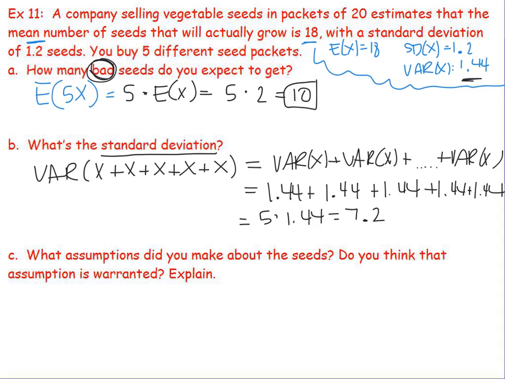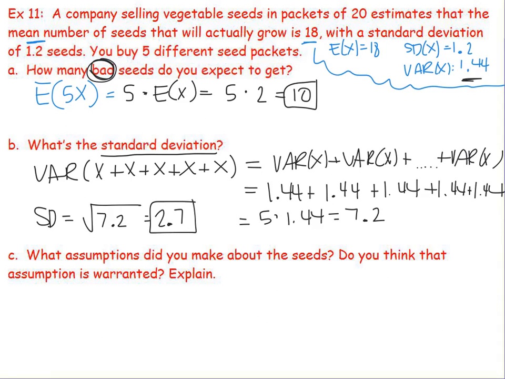But this question was asking for standard deviation, so I need to square root 7.2, and the square root of 7.2 is 2.7. Now, we did make one assumption about the seeds, and do we think that that assumption is warranted? One thing that must be true here, if you remember, we can't have one packet of seeds affecting the other packet of seeds.